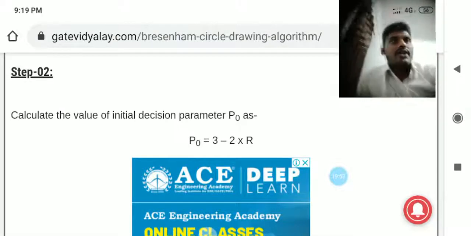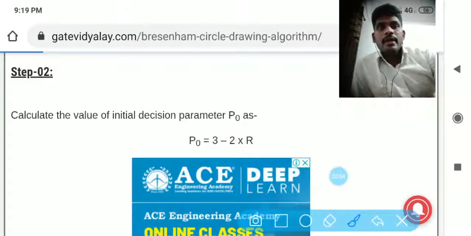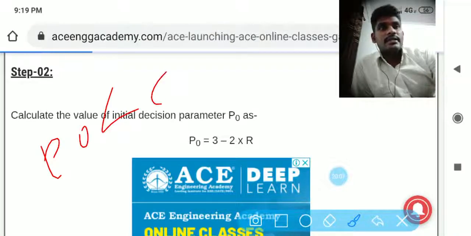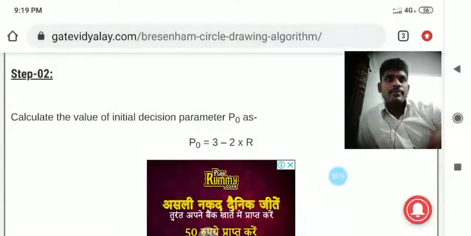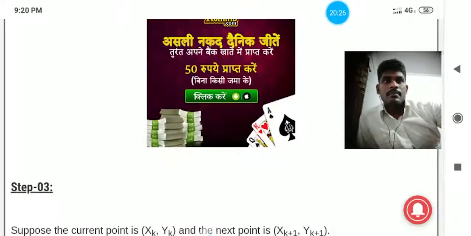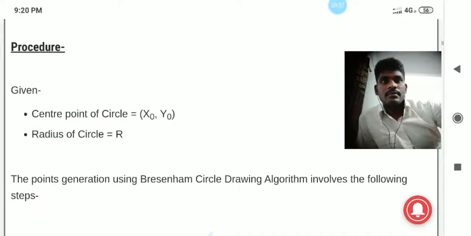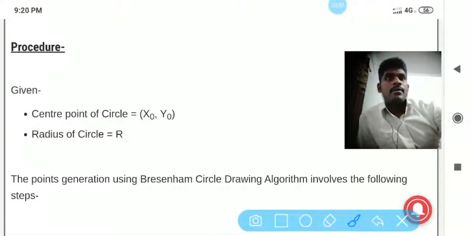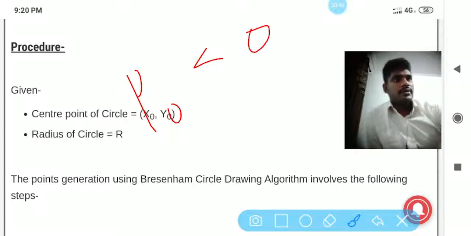If the p naught value is less than 0, we will follow one equation.